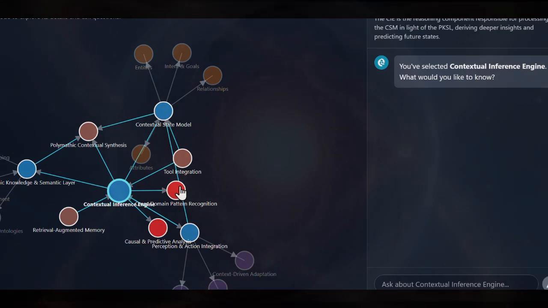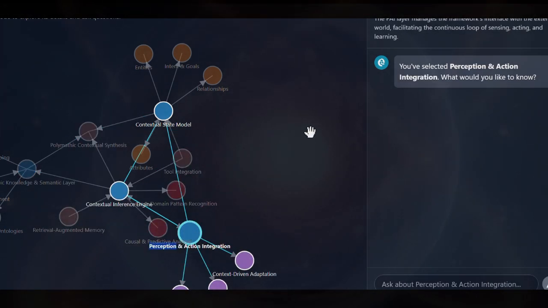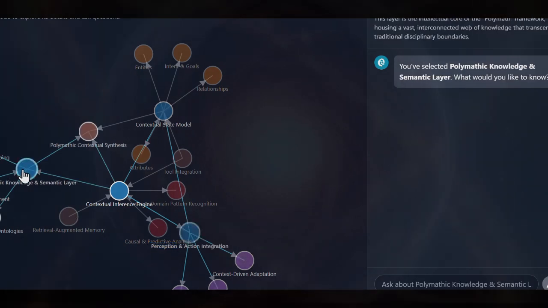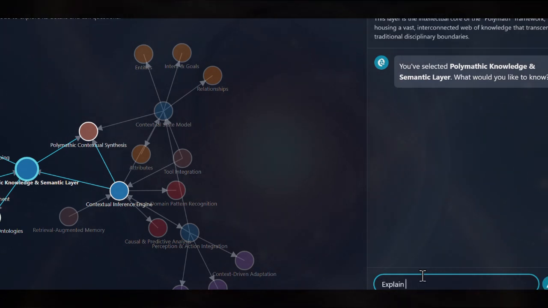Understands the why behind current contextual states and anticipates what's next, based on the dynamics of subject-object interactions and their implications within the broader knowledge graph. Relevance and salience determination. Dynamically filters the vast amount of available context and knowledge to determine what is most pertinent and impactful for the current task or query. Anomaly and novelty detection. Recognizes deviations from expected contextual patterns or identifies emerging concepts and relationships that may require further exploration.